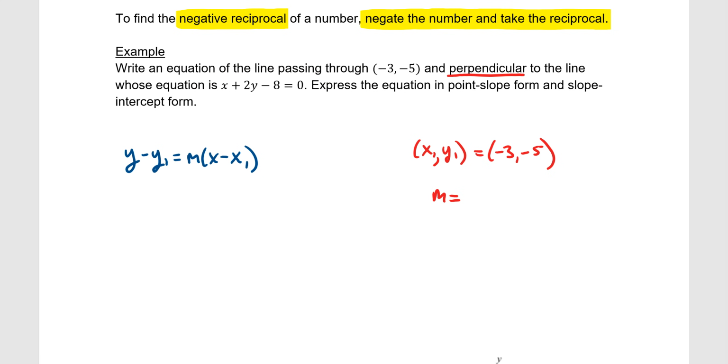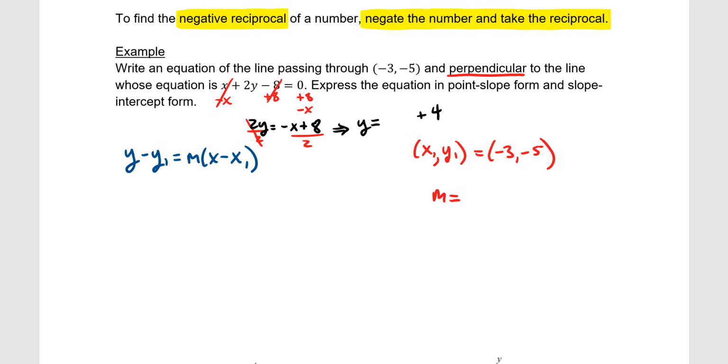So first we have to solve it for y. So we have to add 8 to the right, subtract x to the right, and we end up getting 2y equals -x plus 8. Divide everything by 2, and we end up getting y equals -x over 2 plus 8 over 2, which is 4.